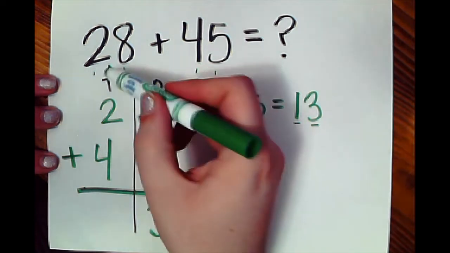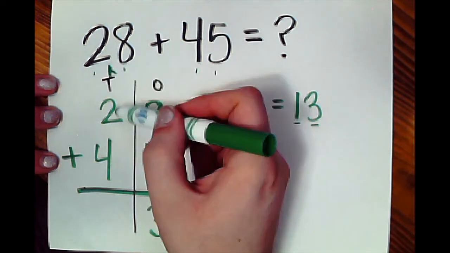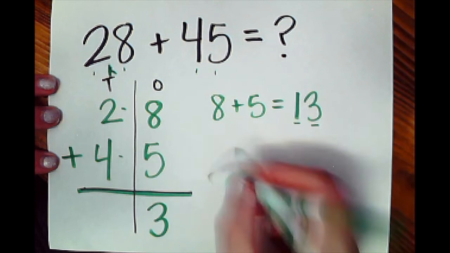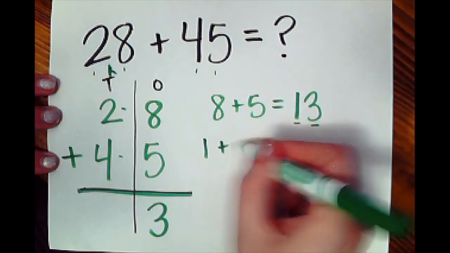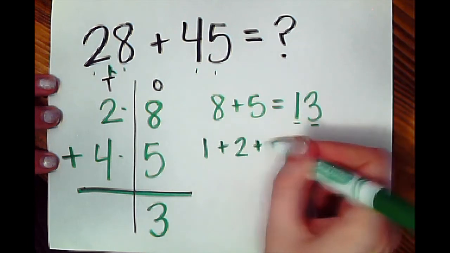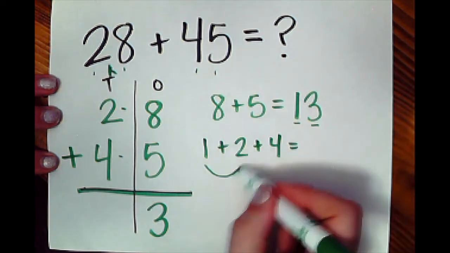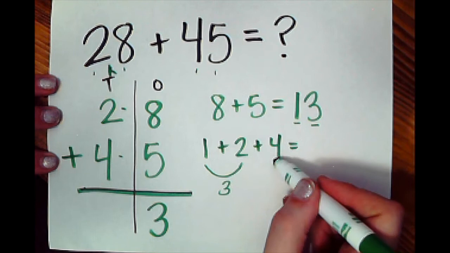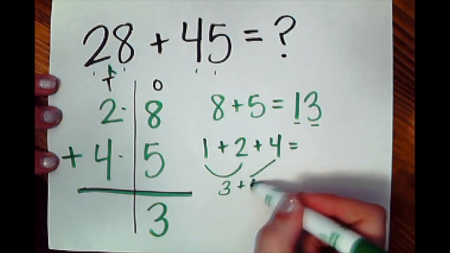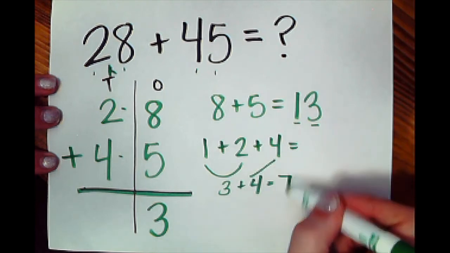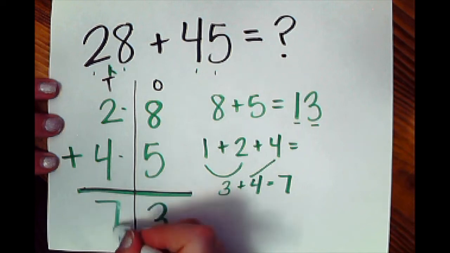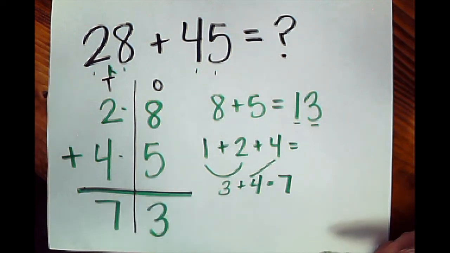Now I'm going to add my 1 ten, my 2 tens, and my 4 tens. I know that 1 plus 2 is 3, and I'm going to bring down my 4. 3 plus 4 equals 7 tens. 28 plus 45 equals 73.